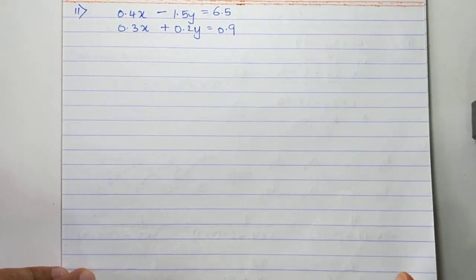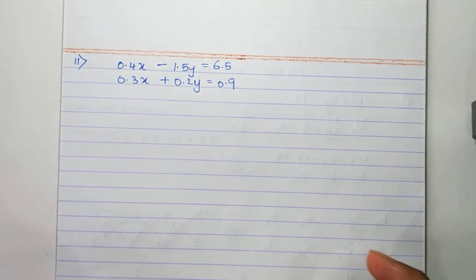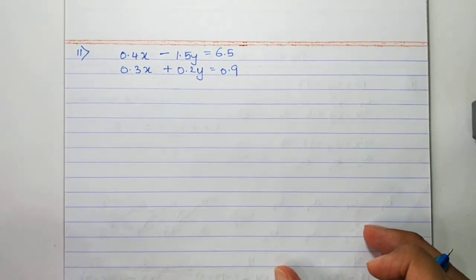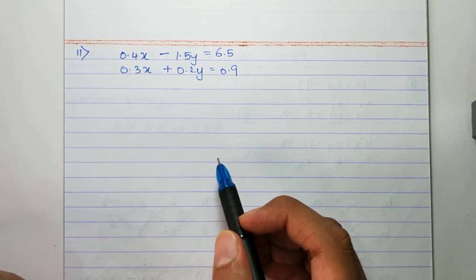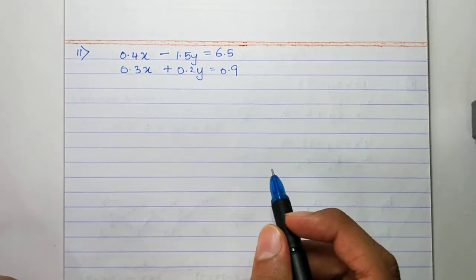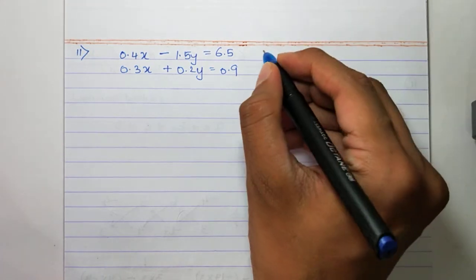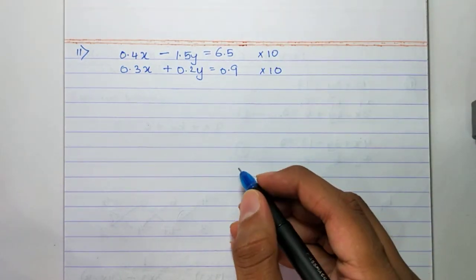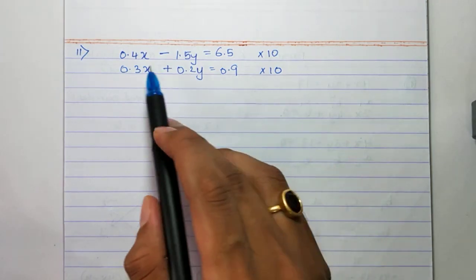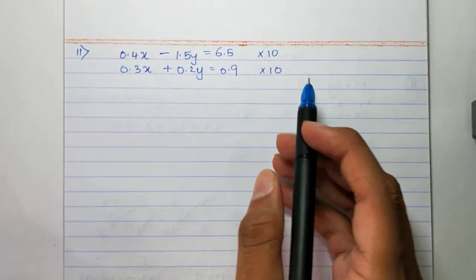Now, in the sum, you can see all the numbers are in decimal. One simple way in which you can remove these decimal points is by multiplying both the equations by 10. You can do this. Multiply both the equations by 10.